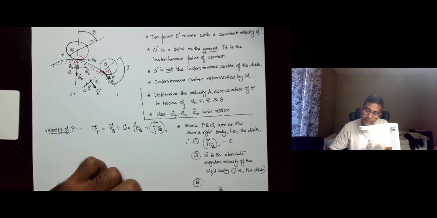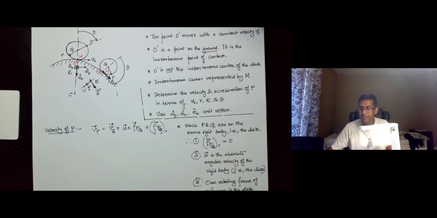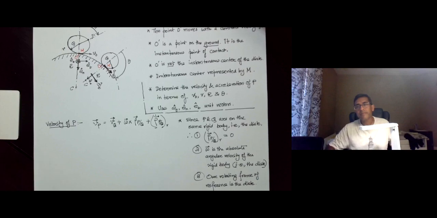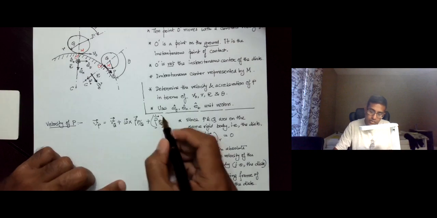And we also clarify that our rotating frame of reference is the disk. Omega is the angular velocity of the disk, the absolute angular velocity of our disk, and rho dot P with respect to Q in the rotating frame is equal to 0.